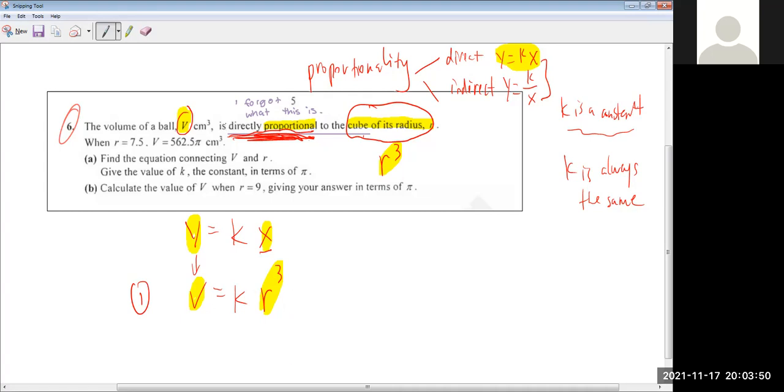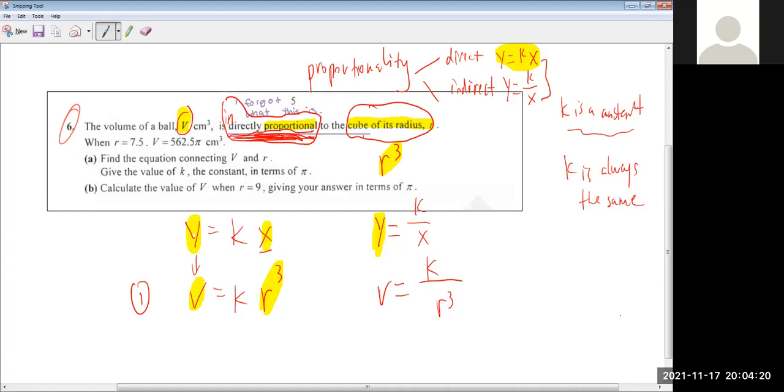So what if this question is not directly, what if this question is indirectly proportional? Then you use the indirectly proportional formula, which is y equals to k over x. So in this case, the y is not y, but v. K is still the same because it's always the same. X is replaced by r to the power of 3 if this question is indirectly proportional.